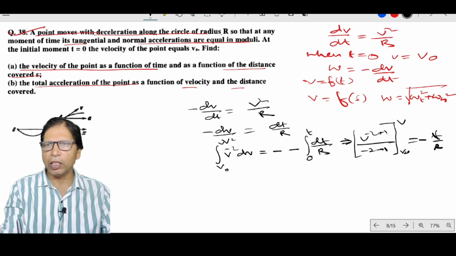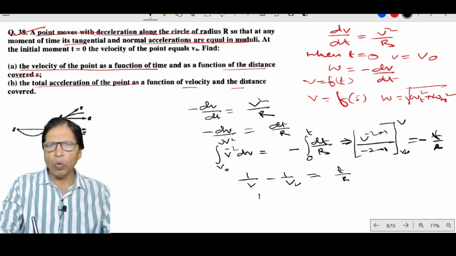Therefore, from this relation you can write 1 by v minus 1 by v naught equals t by r. Therefore 1 by v equals 1 by v naught plus t by r.